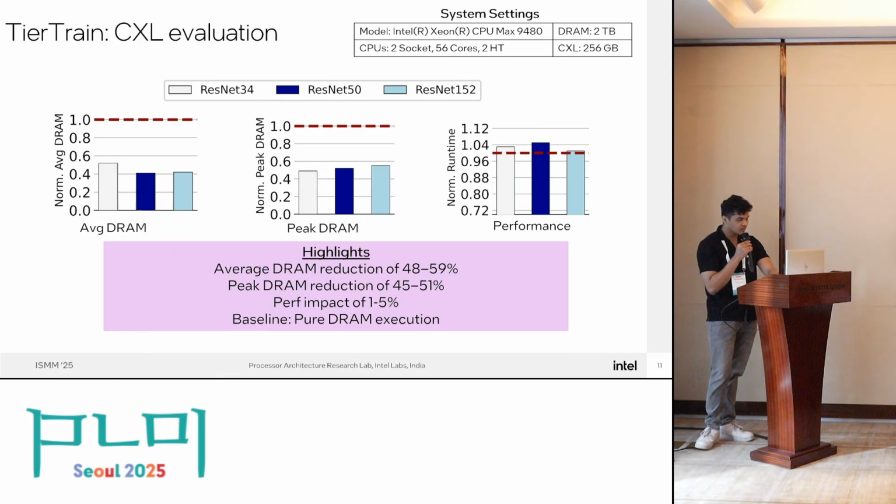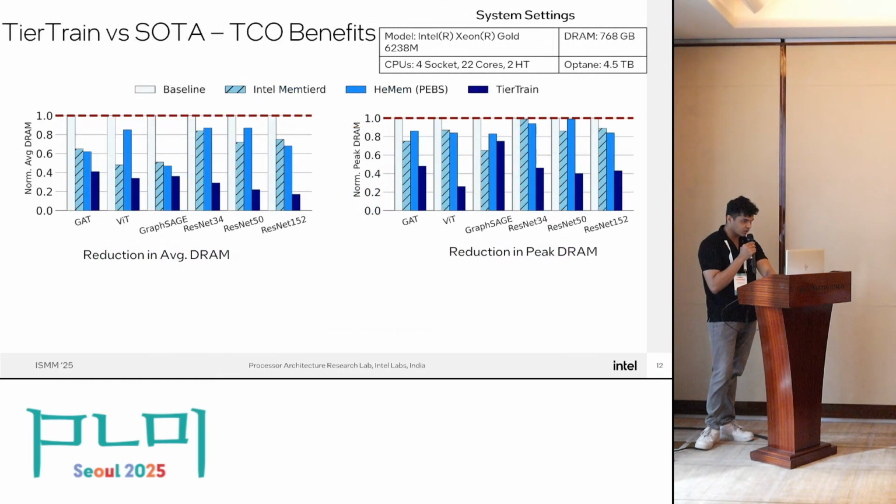We have also done the same evaluation on a system that has both DRAM and Optane. There is 768 GB of DRAM and 4.5 terabytes of Optane supported on the system. We compare this against other tiering tools such as MEM-TRD and HBM, and the baseline here is again pure DRAM execution.